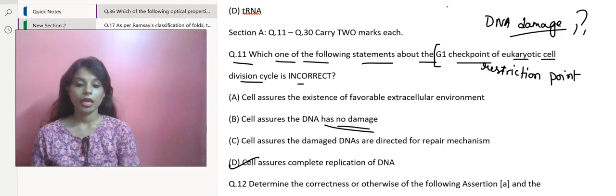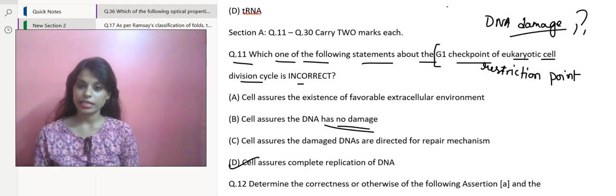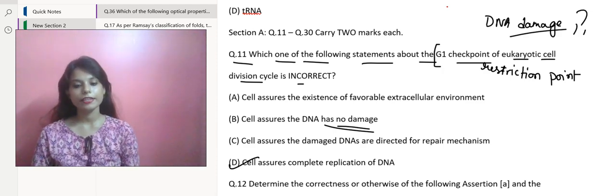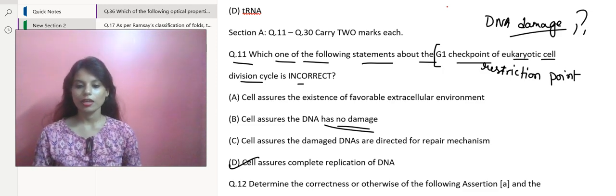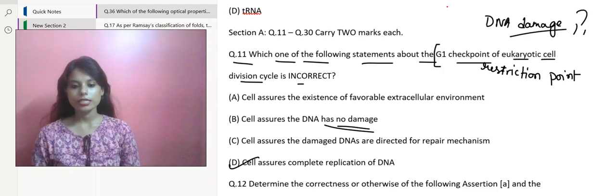This ensures that the DNA is replicated accurately and that the genetic information is preserved. Therefore, we can say that the incorrect one is option D.